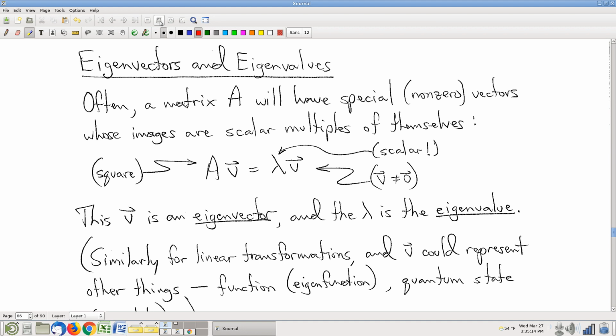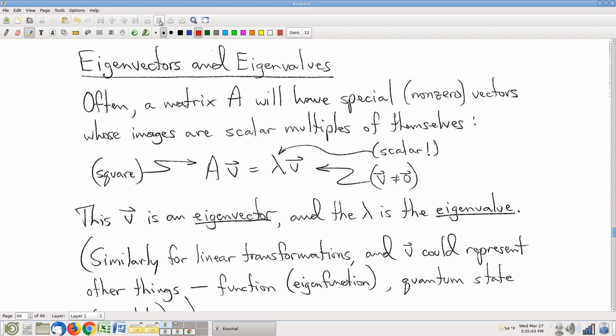Here we're just going to be looking at matrices and certain cute coincidences that happen with matrices. No clear connection. It's going to turn out, we're going to see this very soon in section 5.5, that actually there is a very strong connection between what we're doing here with eigenvectors and eigenvalues and what we were doing in section 5.3 with change of basis. I just wanted to foreshadow that a little bit.